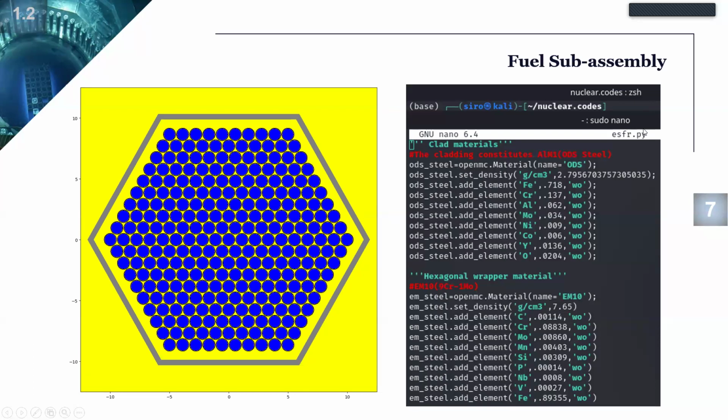You can see all the elements constituting the ODS steel in the exact proportions as indicated here. And of course, the EM steel is also adopted as a hexagonal wrapper material. The cladding material for the fuel is ODS steel.